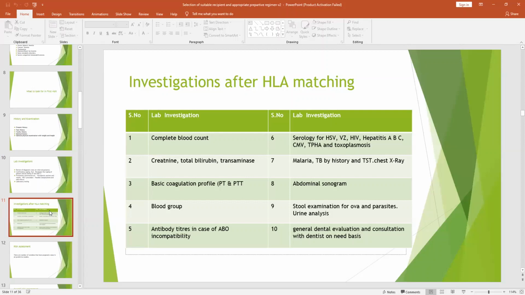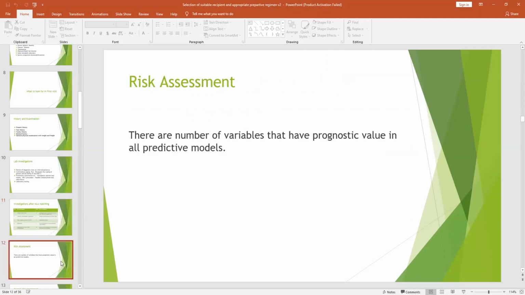And then the serology, TPHA, malaria, tuberculosis by history, and chest X-ray, abdominal sonography, stool examination for ova and parasites, and urine analysis. And dental evaluation, we also consult for the patient. And nowadays, as these are the COVID days, we are also doing the COVID test.